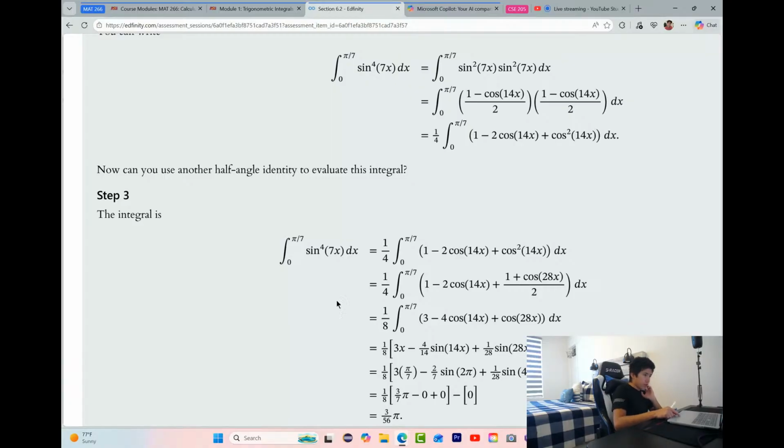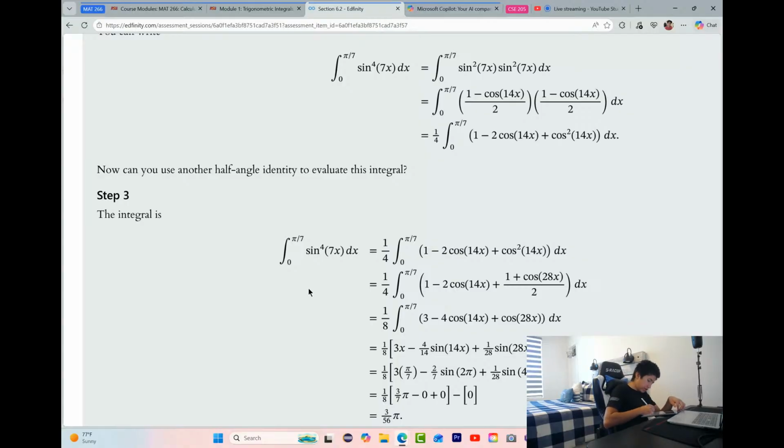Perfect. Then we can take out that 1/2. We get 1/8 outside of the integral. Let's just rewrite it quickly, making sure that we don't get any errors. dx. So now I believe he wants us to simplify, right?